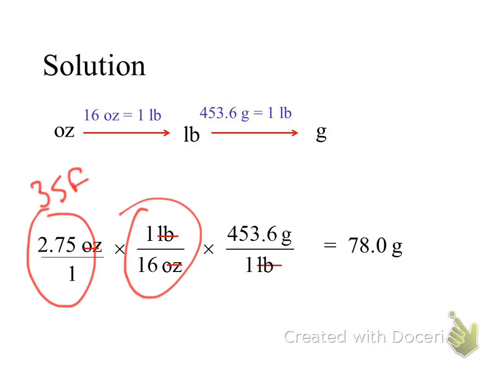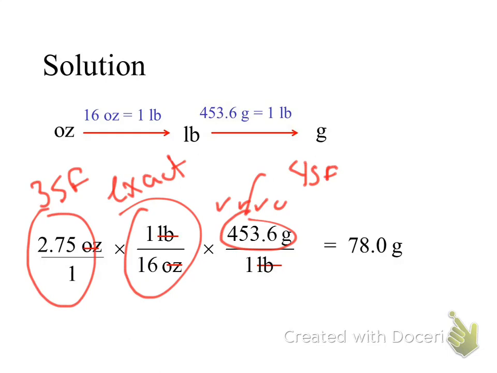No, because it's exact. This is the first time we've run into this. You told me that there's uncertainty with that digit, and there is. How many sig figs in 453.6? 4. Yep. There are 4 sig figs there.